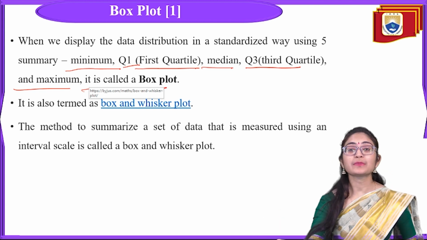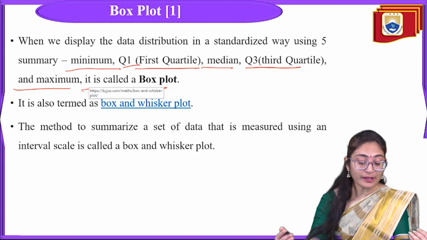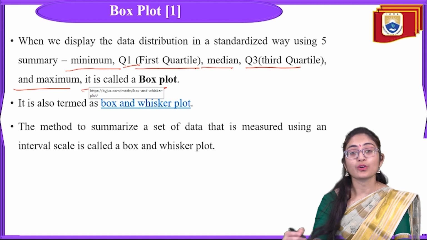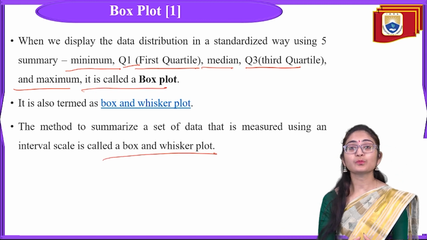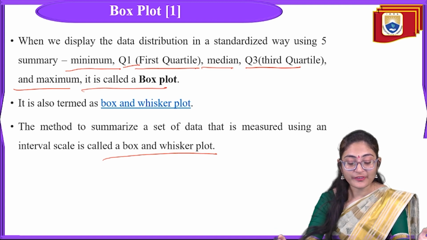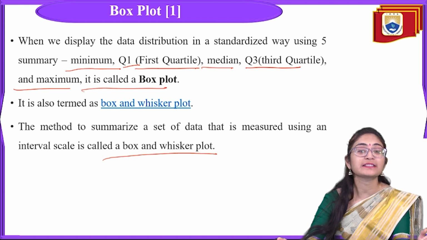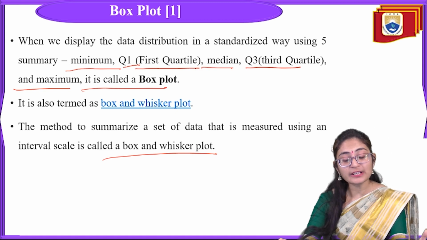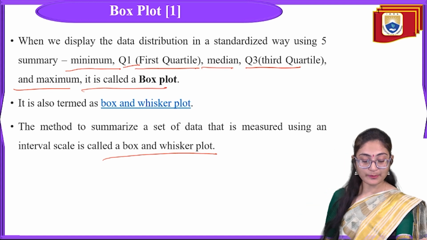The method to summarize a set of data that is measured using an interval scale is called box and whisker plot. That means the box plot contains five portions: minimum, first quartile, median, third quartile, and the maximum. Every quartile has its own specification, so we will see one by one.